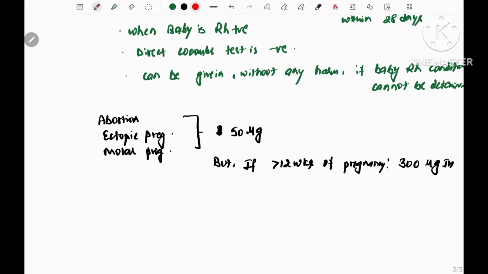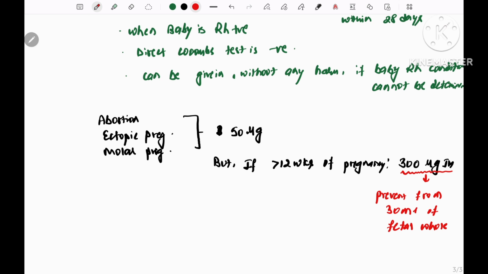One thing we should know is this 300 microgram immunoglobulin, how much blood does it prevent? It protects against 30 ml of fetal whole blood.